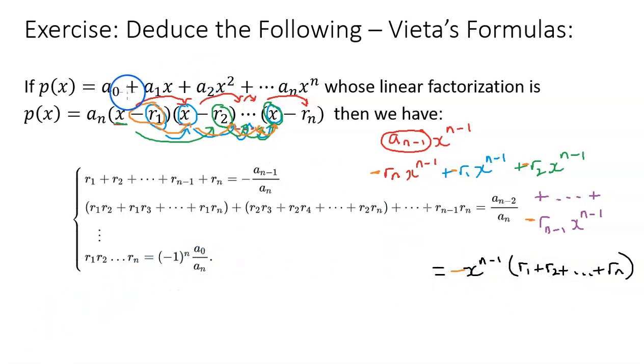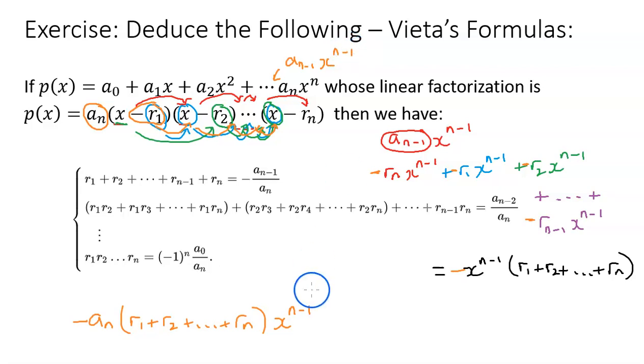And then finally, when we do the full expansion, observe that this thing is being multiplied by an. So we get negative an times r1 plus r2 plus dot dot dot plus rn times x to the power of n minus 1, and there's no other combinations of x to the power of n minus 1, and so that should give us what I didn't write there, an minus 1 times x to the power of n minus 1.